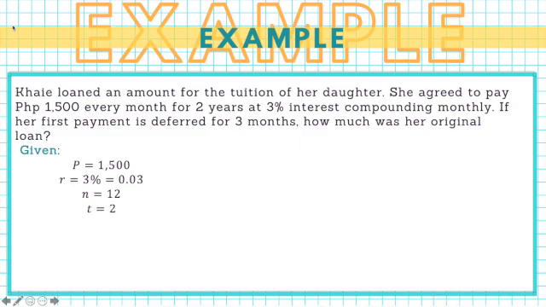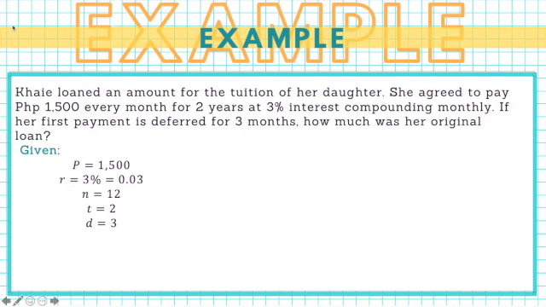T is 2 because she agreed to pay for 2 years. And since the payment is deferred for 3 months, the payment is due after the 3rd month, which means she will skip 3 payment periods. So that's how we got the value of 3 as the D.